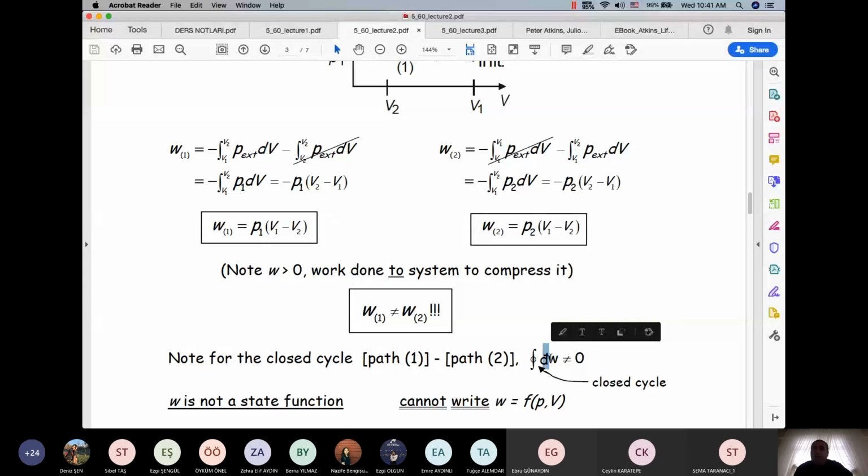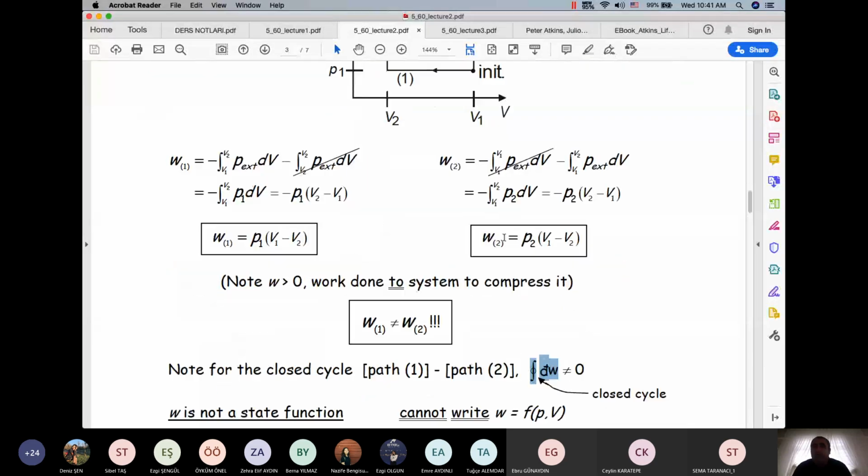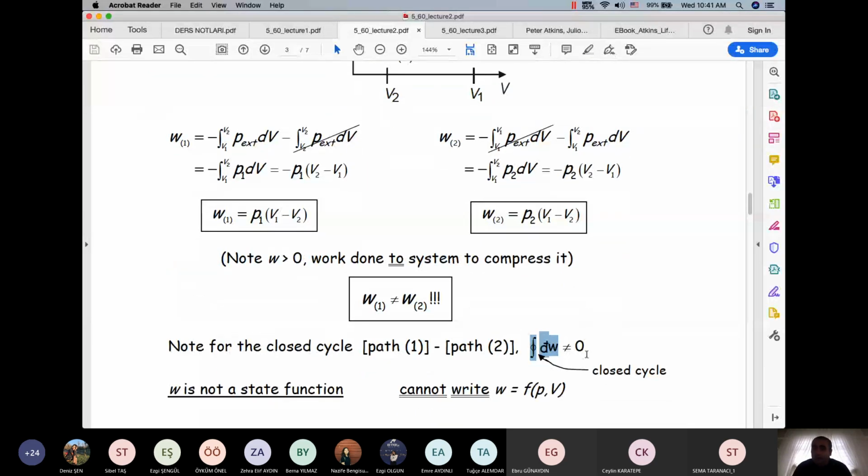The work change by this cyclic process is not 0 for path variables, and this is always true. It does care about how you end up, or what the path of the change is.